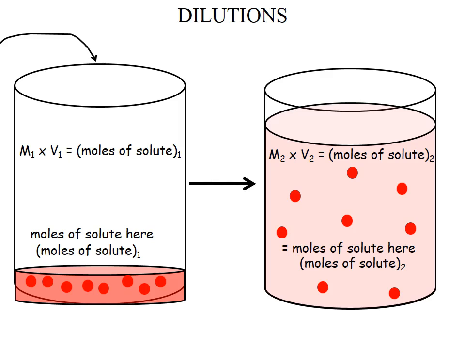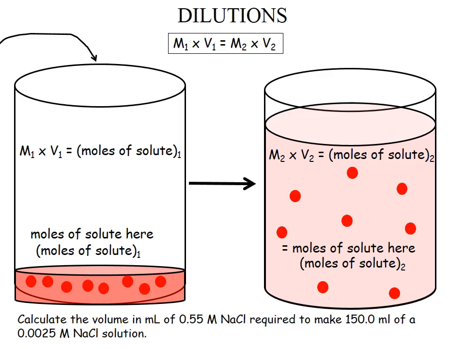And so that's why we get the equation we get, which is M1 times V1 equals M2 times V2. The M1 times V1 is the moles of solute that I calculate from the left, the moles of solute that I put into that container. And it's the same number of moles of solute, that's why they're equal to each other. And that equals the new molarity on the right times the new volume.